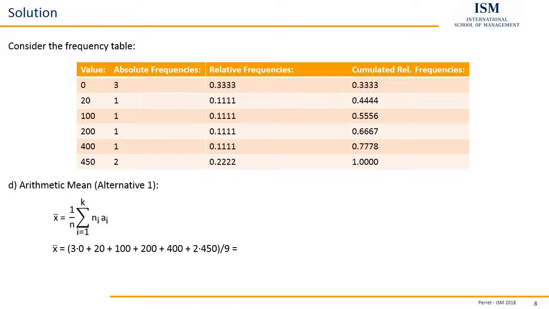But you might imagine, if you have a lot of observations with absolute frequencies larger than 1, you could actually cut down on calculation time. So this might make your life easier if you have a larger data set with only a limited variance in the values. So here in the end we get again as a result 180, the same result as with the first alternative.